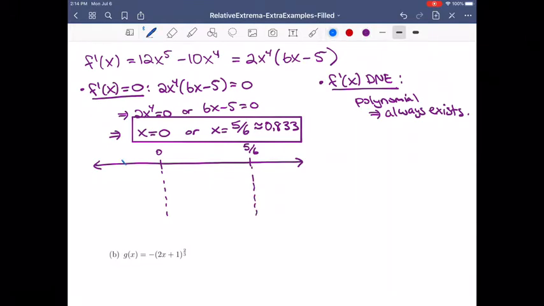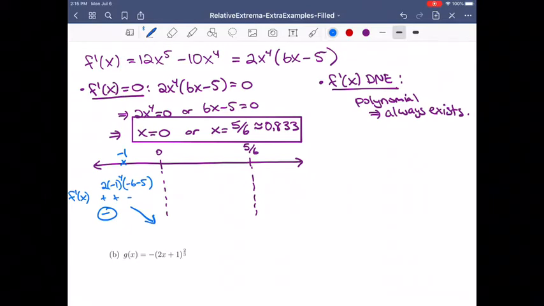Let's say I check -1, so I'm plugging into the derivative. I'm going to have 2 times -1 to the 4, and then -6 minus 5. So 2 is positive, -1 to the power 4 is positive, and -6 minus 5 is negative. So I have a positive times a negative, which gives me a negative, which means that I am decreasing in this interval.